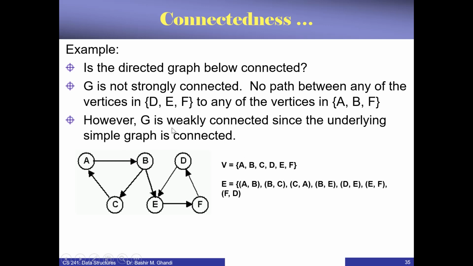However, G is weakly connected since the underlying simple graph is connected. Underlying simple graph means if you ignore the arrow and think about this graph as an undirected graph, then obviously it is going to be connected. So if that is the case, then it is said to be weakly connected.